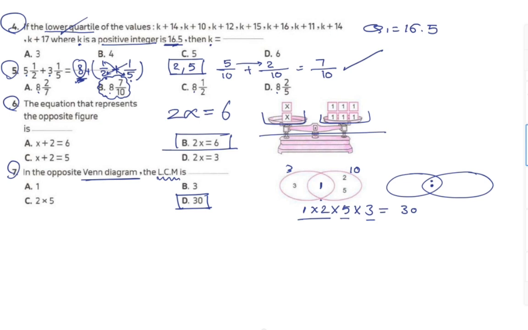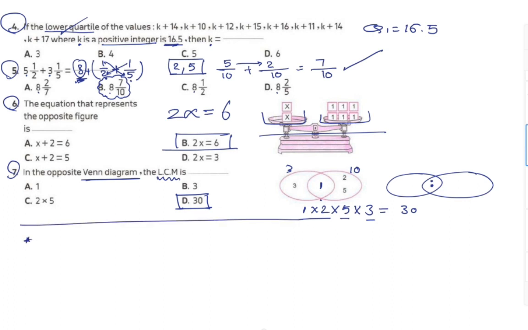To find Q1 or Q3 or the median or the minimum or maximum, of course you need to arrange the data ascendingly, starting with the smallest and ending with the greatest. Now we will solve it here.